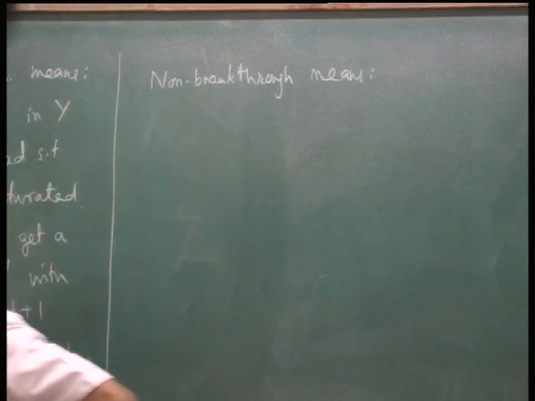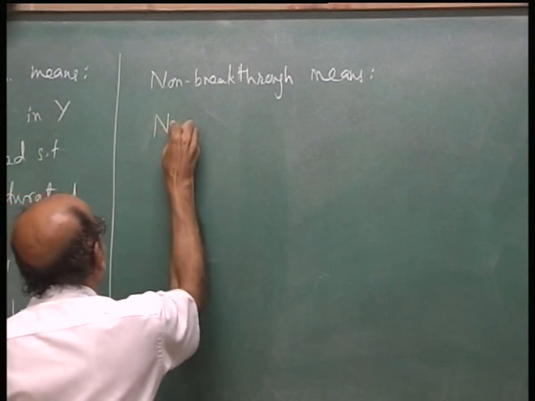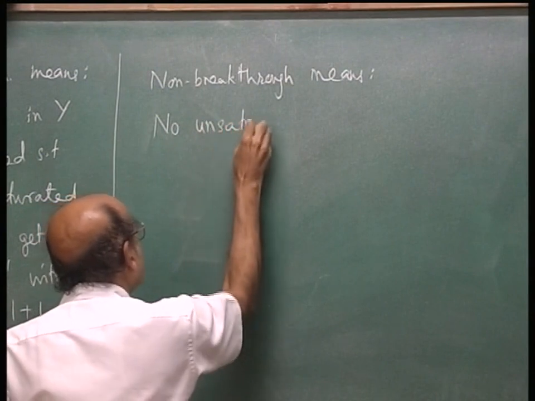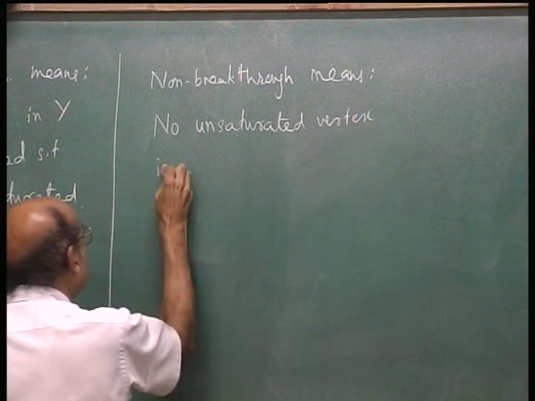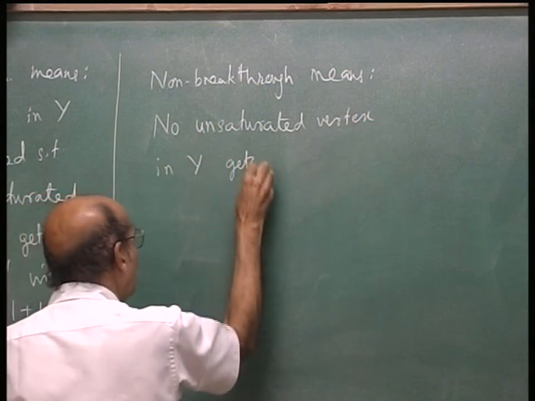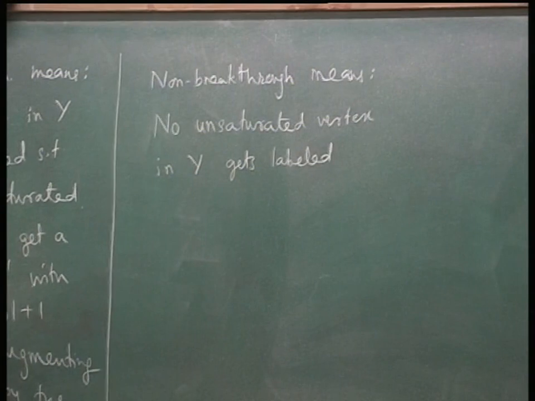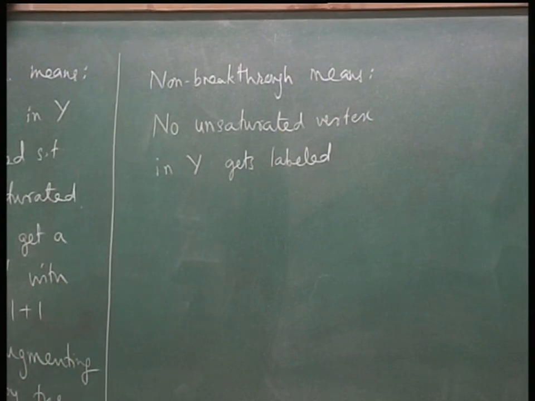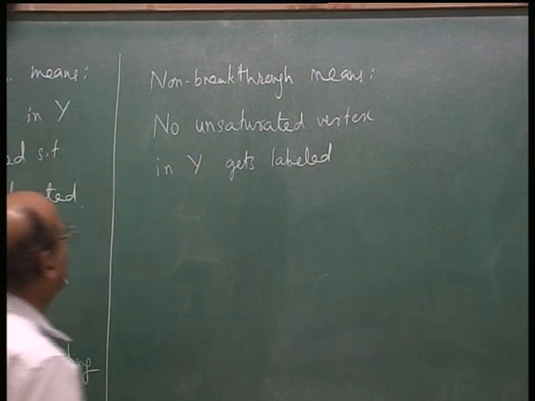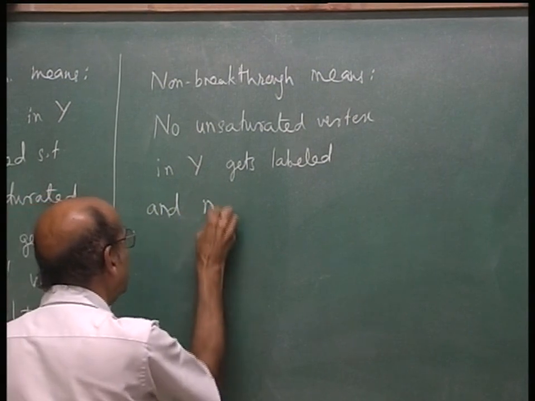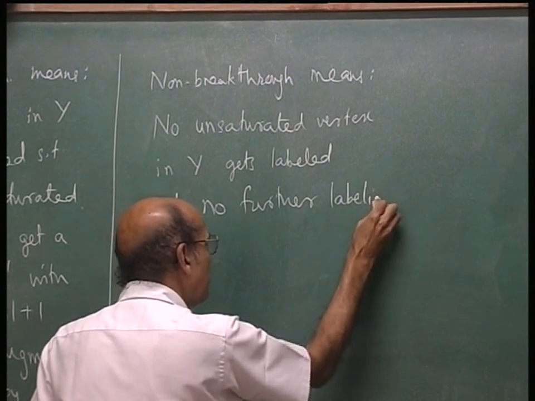We should say what non-breakthrough amounts to: no unsaturated vertex in Y gets labeled. So all the vertices in Y that received a label are all saturated, and no further labeling is possible.